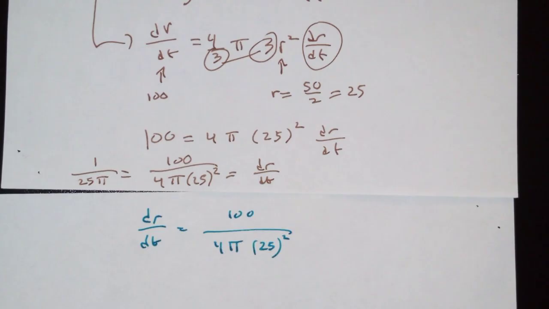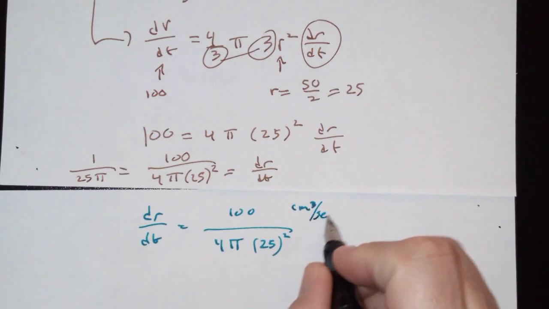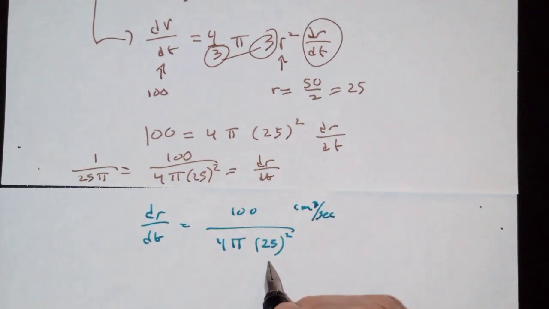What pieces of this have units? Two of the numbers in that expression have units on them. Okay. So what are the units on the 100? Centimeters cubed per second. And what are the units on the 25?